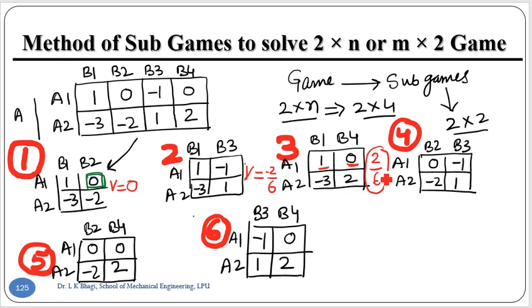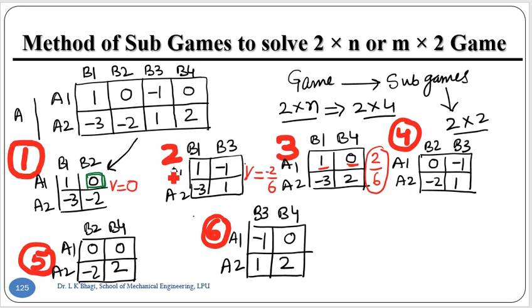If we think from the perspective of the B player, B is going to like the lesser values, because a negative value is a loss for A but indirectly a gain for the B player.